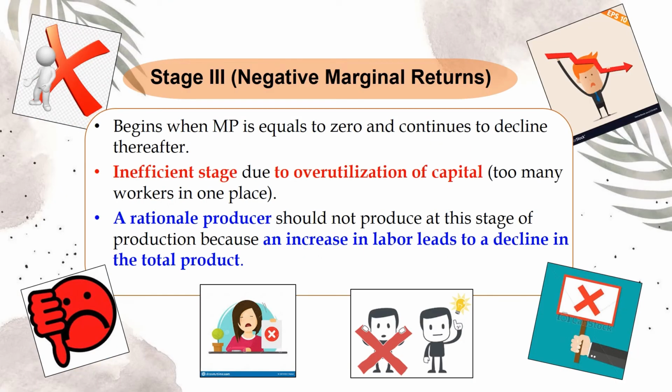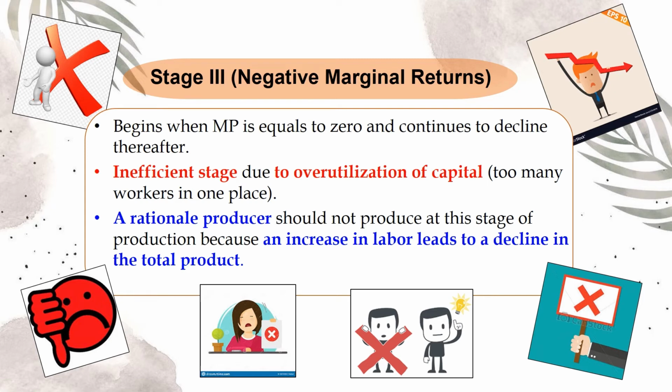Stage 3, negative marginal returns. In stage 3, it begins when the MP is negative, the TP curve starts to fall, AP will also fall but still will remain positive. This stage also is inefficient stage because the combination between the fixed input and variable input is not economical because the fixed input is overutilized.